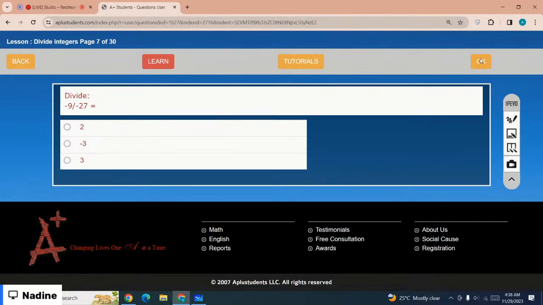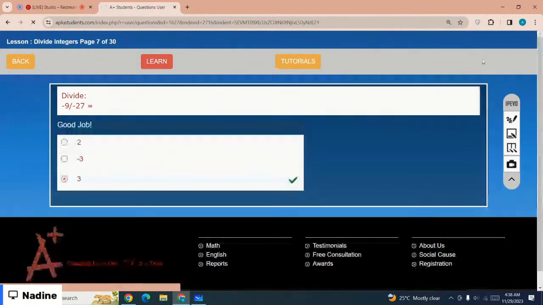Both the numbers are negative. When both the numbers are negative, the answer must be positive here. The correct option is 3, not negative 3. Be careful.